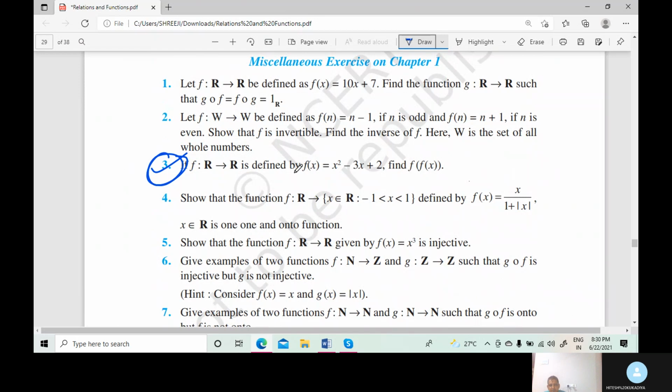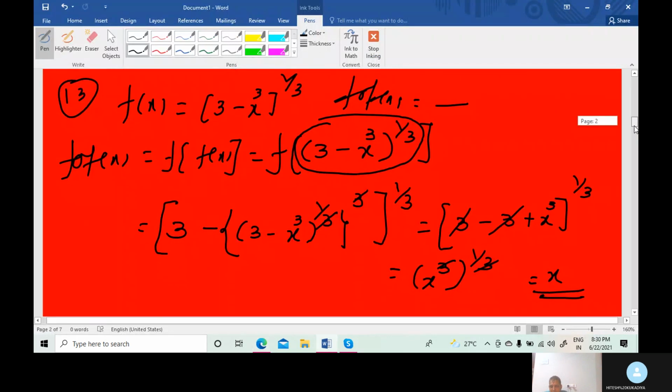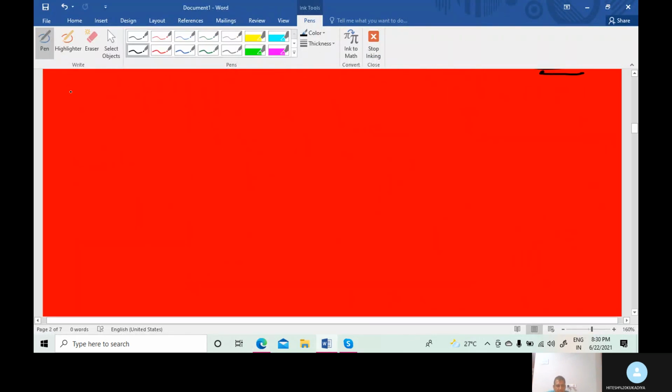Again, f from R to R is defined by f(x) equal to x square minus 3x plus 2. We find the f o f(x). Okay, question number 3. Right? Continue the discussion. Question 3: f(x) equal to x square minus 3x plus 2. And our final question, f o f(x) equal to question mark.